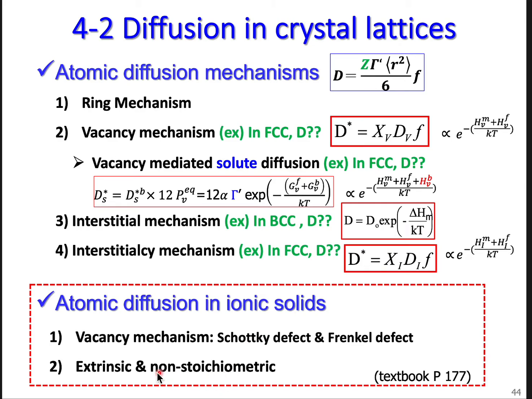And next we are going to show you there are two different cases, extrinsic and non-stoichiometry, and how they modify the diffusivity of the specific ion you are interested in. Okay, so the most important thing is to get the self-diffusivity for specific ions.